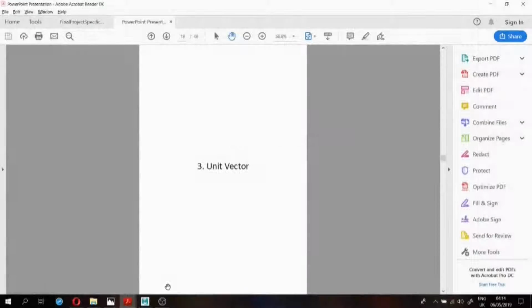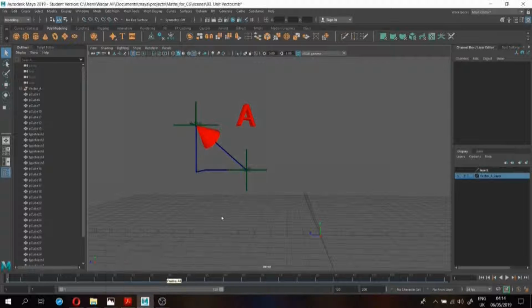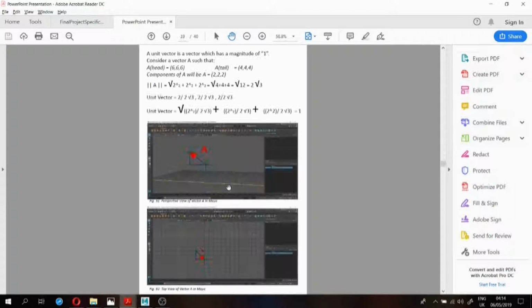Next thing is the unit vector, how to get the unit vector in Maya. So let's say we have a vector A here which has coordinates of 6, 6, 6. Basically a unit vector is a vector which has a magnitude of 1. Consider a vector such that the vector head is 6, 6, 6, which is showing here, and the tail is 4, 4, 4.